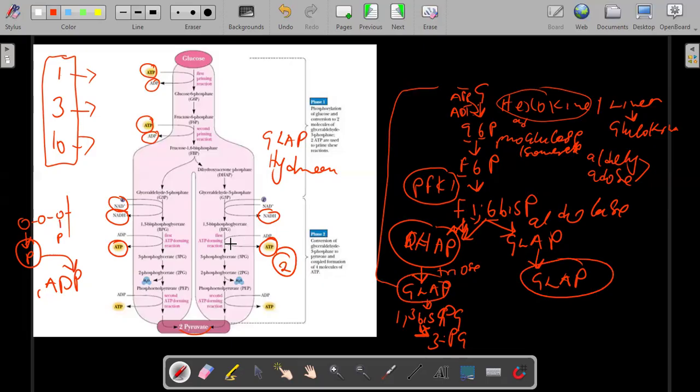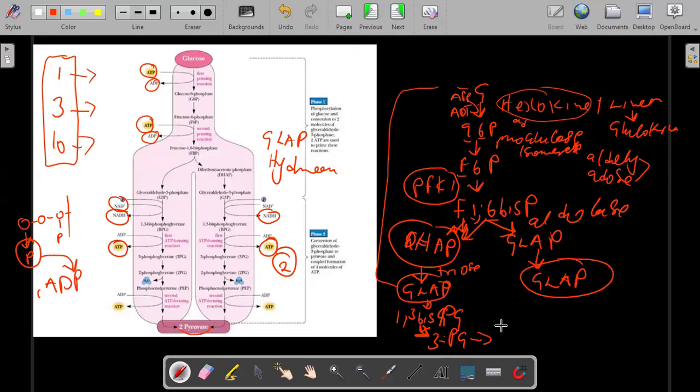We can go to step number 7, where we are converting our 3-phosphoglycerate to 2-phosphoglycerate. So we are isomerizing here. When there is an isomerization reaction, it's either an isomerase enzyme or a mutase that works.